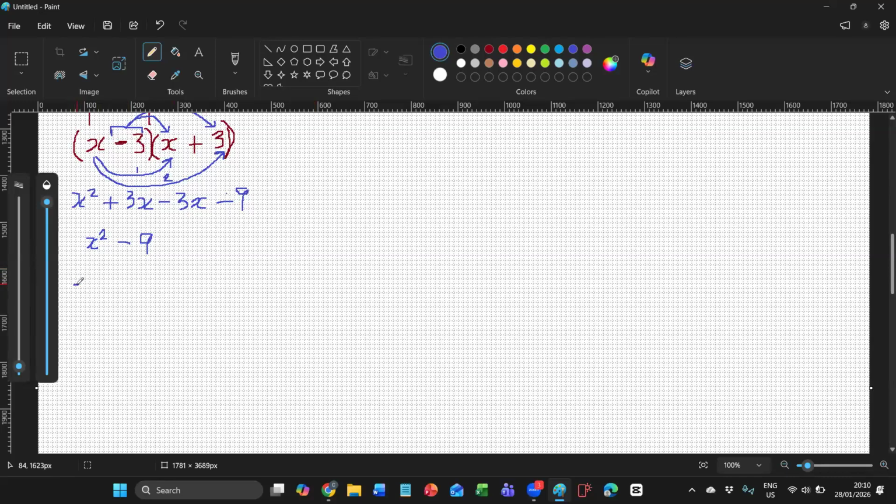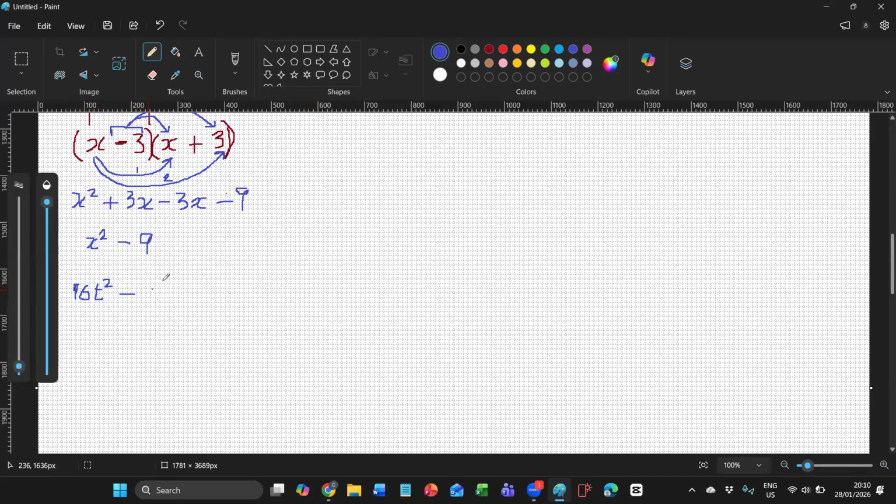So let's say we have 16t squared. Always remember, it's a difference of two squares.